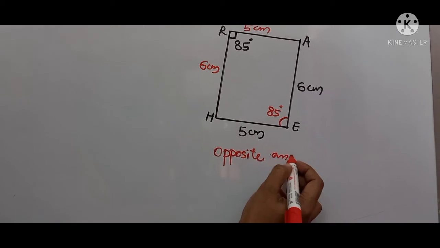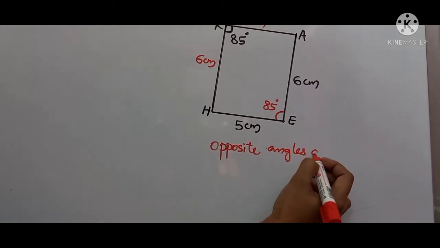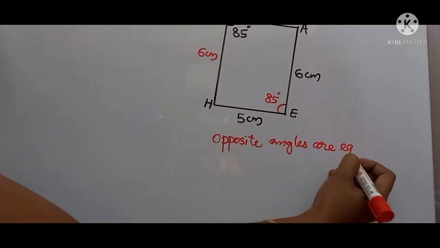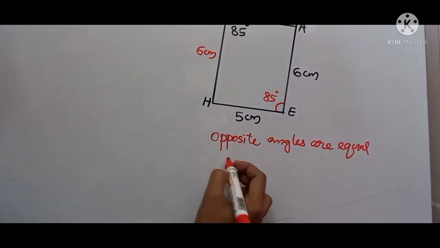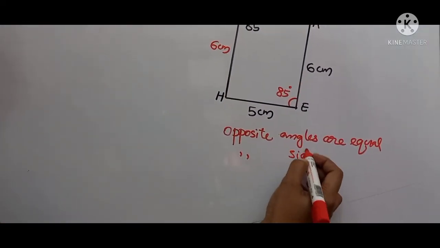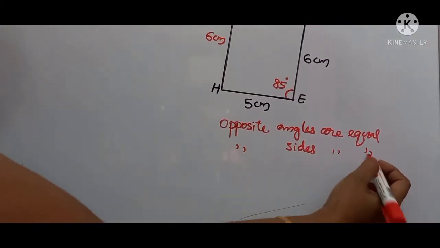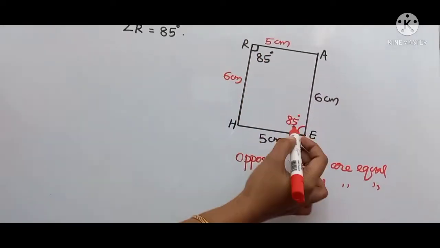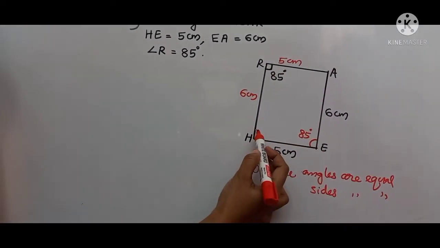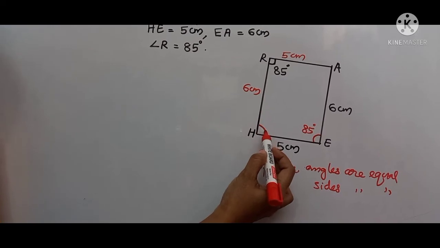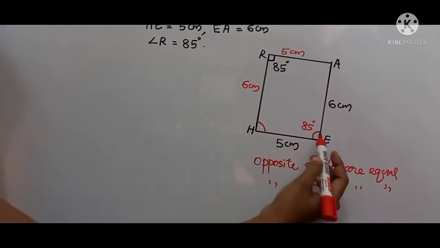Opposite angles are equal and opposite sides are equal. So here 85 and 85.